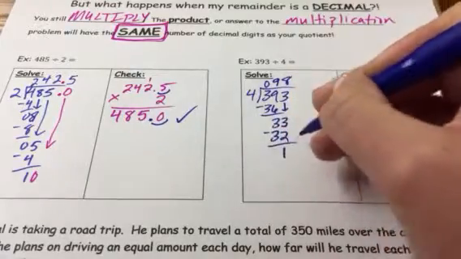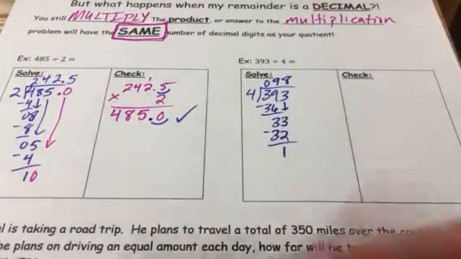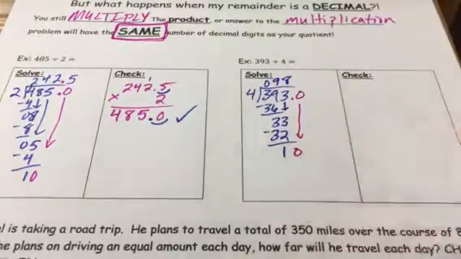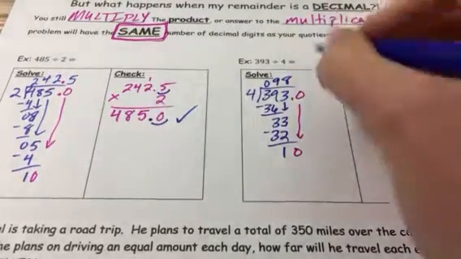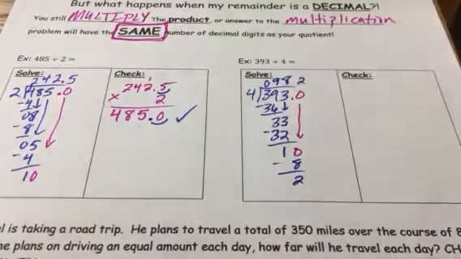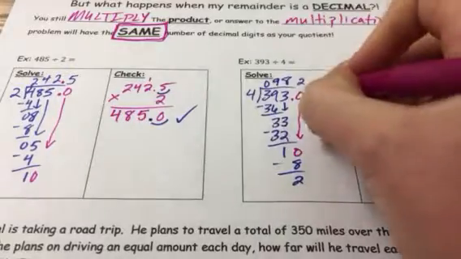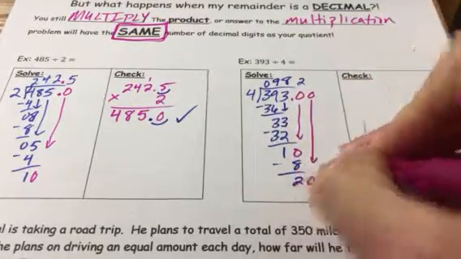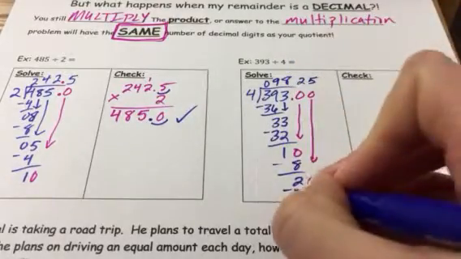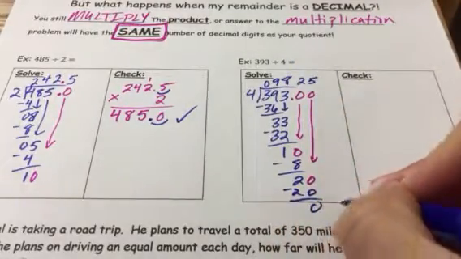I subtract 32. I have 1 left over. Let's bring down a 0. 4 goes into 10 twice. I subtract 8. I have 2 left over. Let's bring down another 0. 4 goes into 20 5 times. I subtract 20. My remainder is 0, so I'm done.